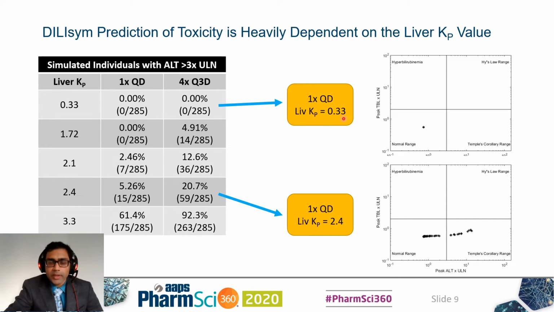That's showing the lowest end. As you increase the liver KP value, at the highest, for example, or even at 2.4, it's predicting a significantly high frequency of ALT elevations, much higher than actually was seen clinically. In fact, around a liver KP of 2.1, we get frequency predictions that were pretty close to the clinical observations.